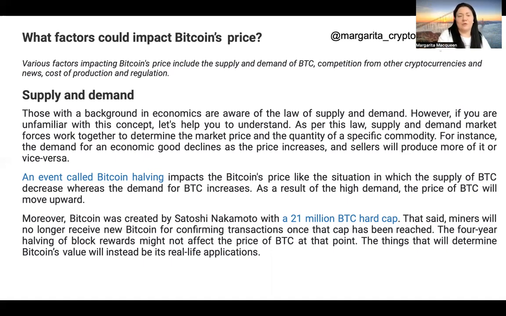So we know that Bitcoin has a max supply of 21 million. I believe we're now close to 19 million, so that's why the price is rocketing. Ethereum, on the other hand, doesn't have a max supply.